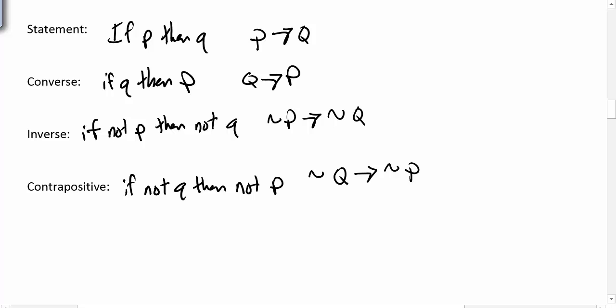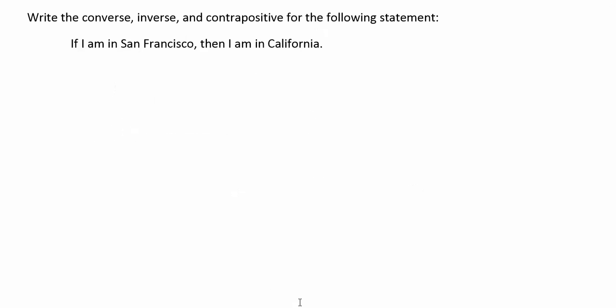Okay, so given a sentence, we refer to the converse or the inverse of a particular statement based on the order in which we've negated or the order in which we've written the sentence out. Okay, so leaving the symbolic representation, let's talk about just in a sentence format how this might look.